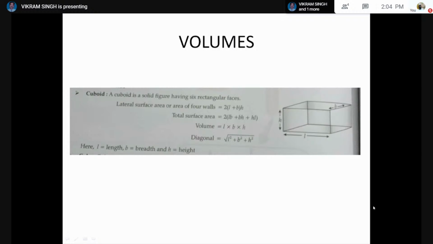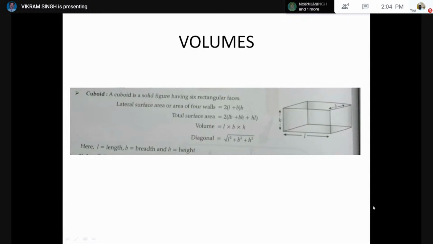Now, as far as volume is concerned, I would like to throw some light on the word volume. The volume of the solid is equal to the area of the base multiplied by its height.